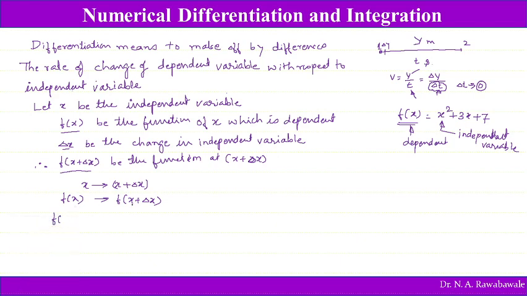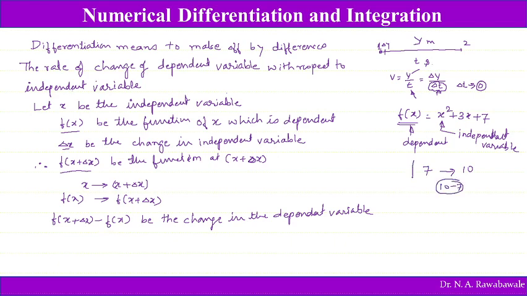So the difference can be taken. For example, if the initial value is 7 and the final value is 10, then the change in the function value is 10 minus 7.